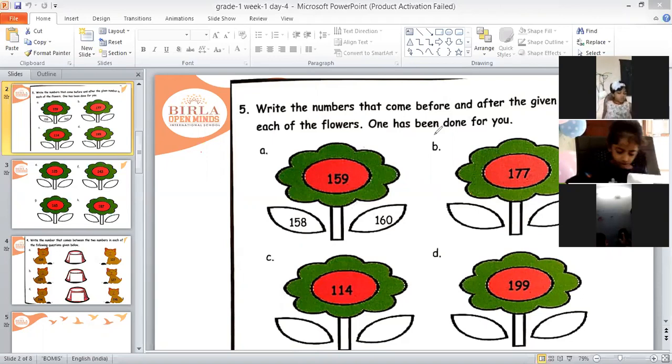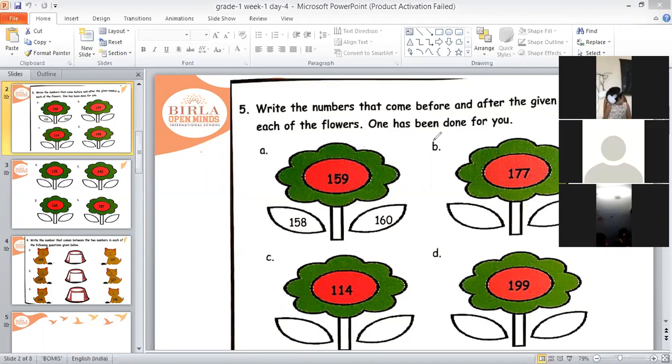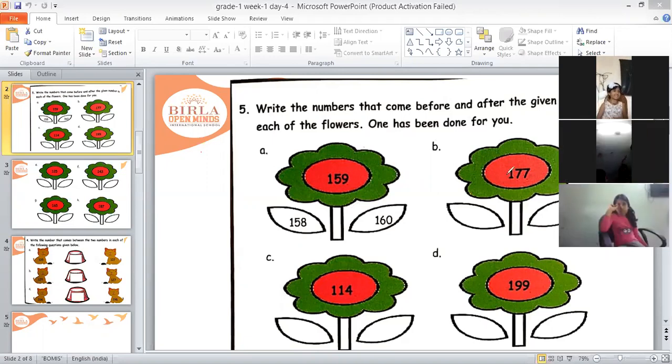Now if we move to bit B, you can see inside this red color, the number is 177. Now you have to look for a number which comes just before 177 and which comes just after 177.